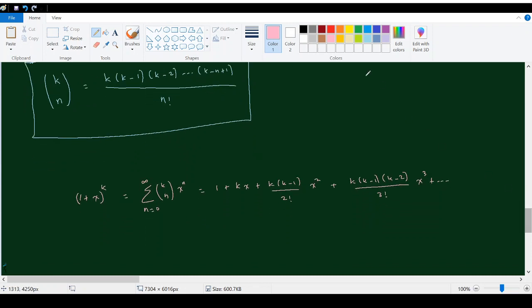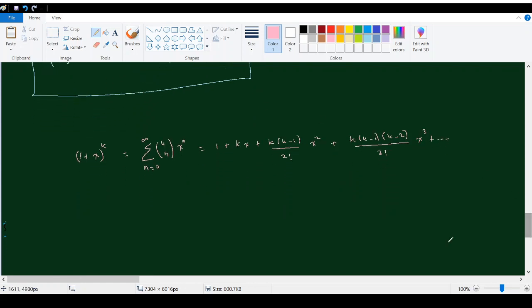And you should remember that k is not necessarily an integer all the time. Say for example, we can even have numbers like k equals -1/2, right?